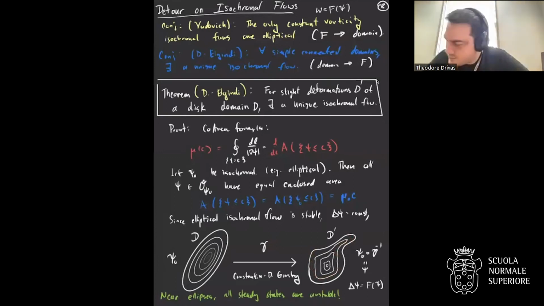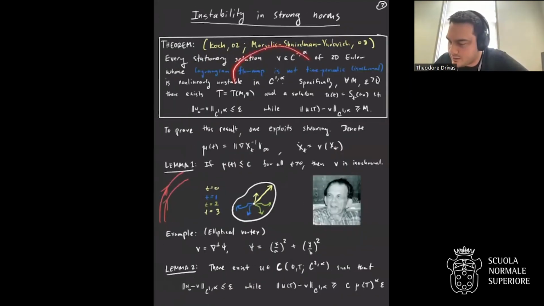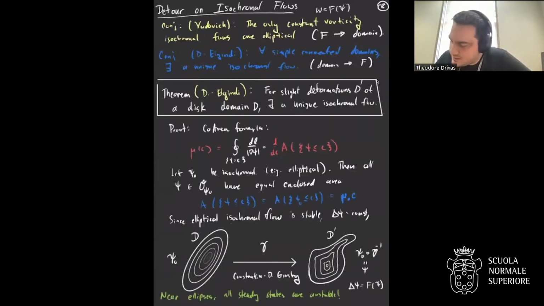And this moreover shows that actually that whole family of isochronal steady states are unstable in the sense of Koch, because they satisfy in fact the Arnold stability condition. So the vorticity profile function of these deformed guys is essentially in one of those good ranges. And that means that you can then deform them slightly by changing their vorticity to make the travel time different.